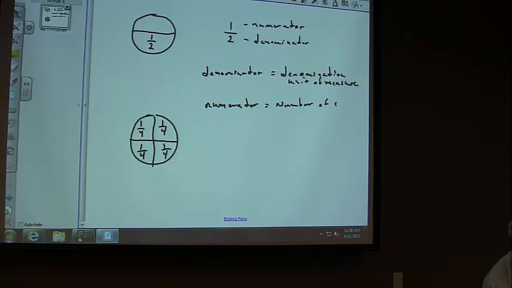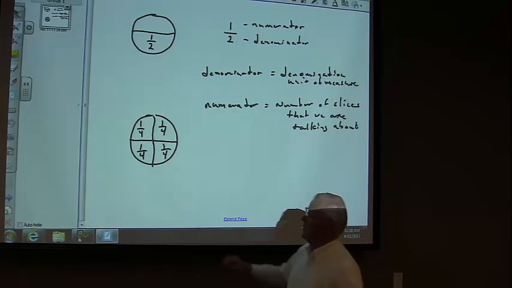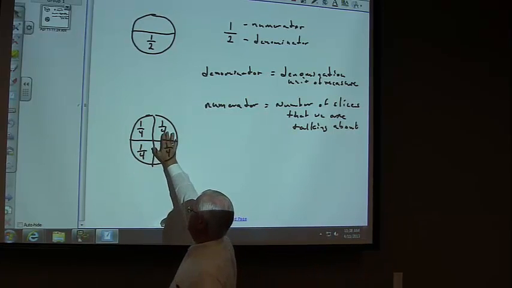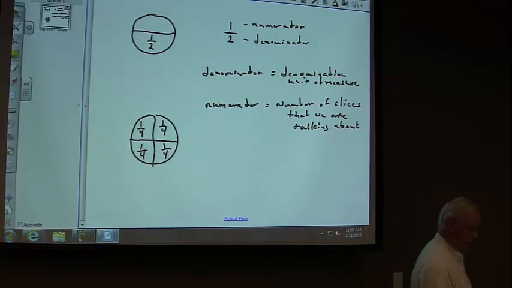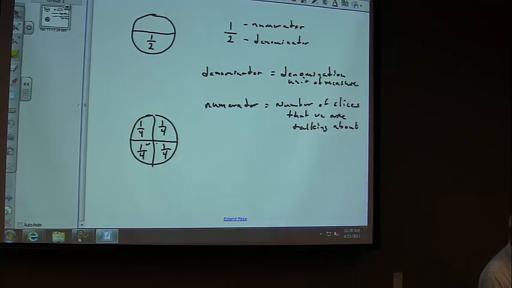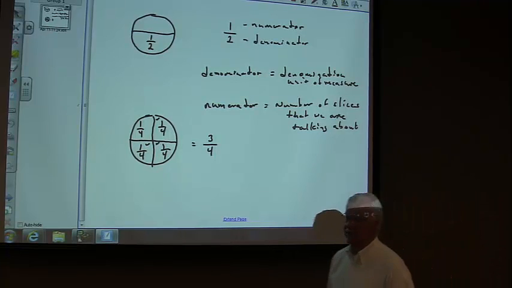And I'm going to say slices because that'll help you remember what we're talking about. Okay, now, if I was talking about 1, 2, 3 of those slices, that would be 3 of those fourths. So we would say that's 3/4 of the pie.